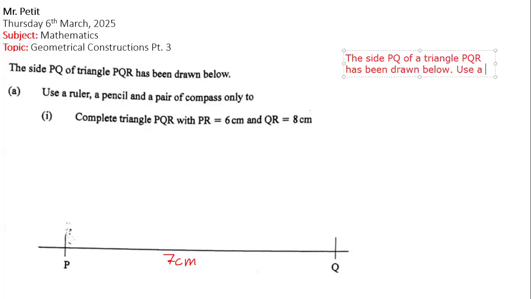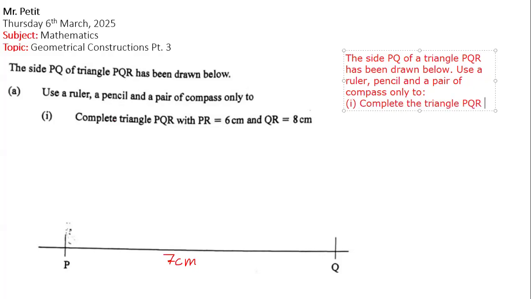Use a ruler, pencil and a pair of compass only. Complete the triangle PQR with PR equals 6 centimeters and QR is equal to 8 centimeters.